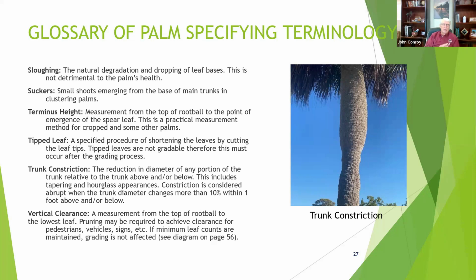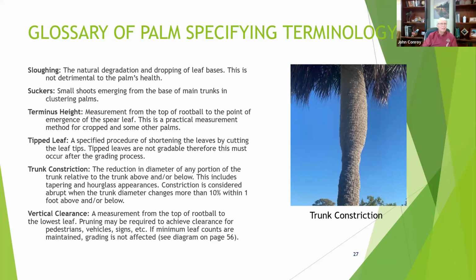So you've got to figure out what method you're going to use to measure the height of that tree. And terminus height is a handy approach for establishing that height that you wish to see. Tipped leaf, we talked about that before in the grading process.